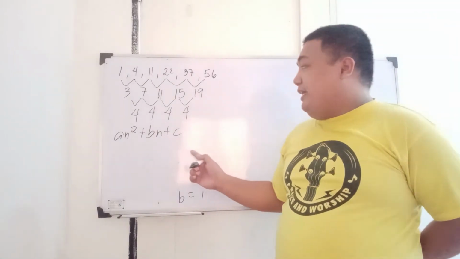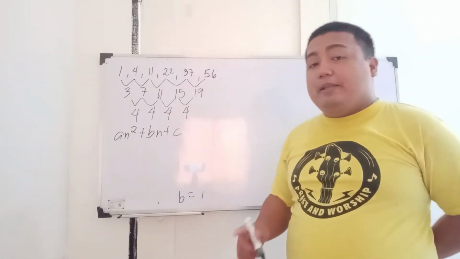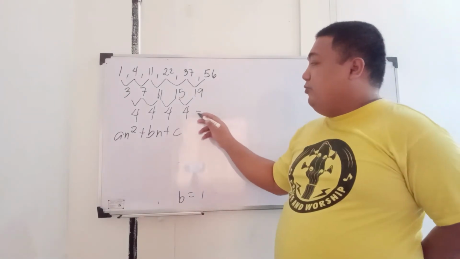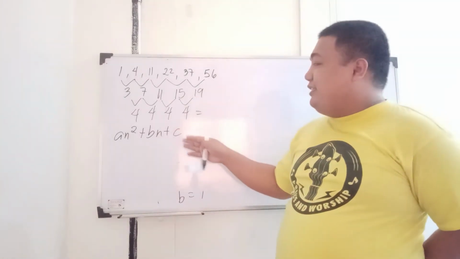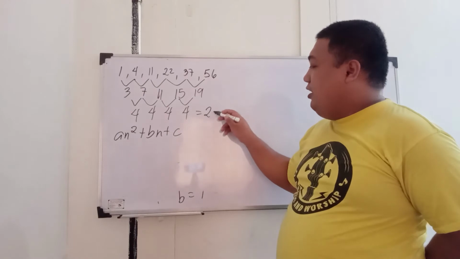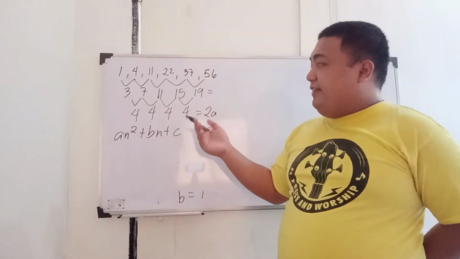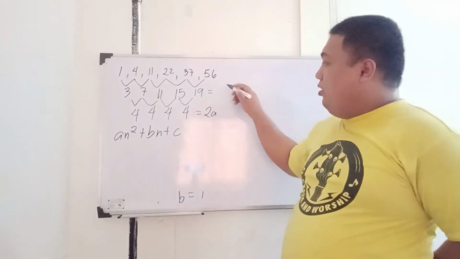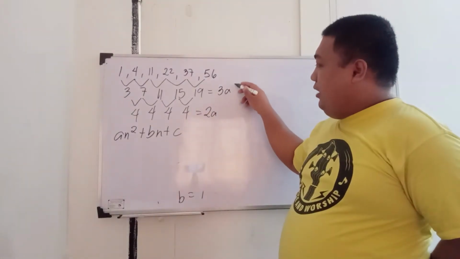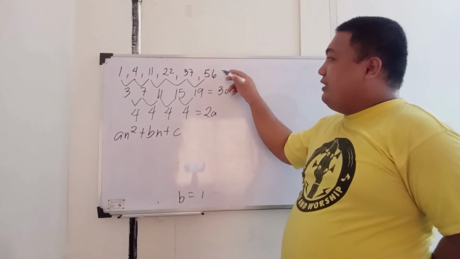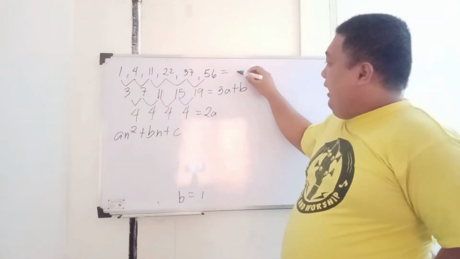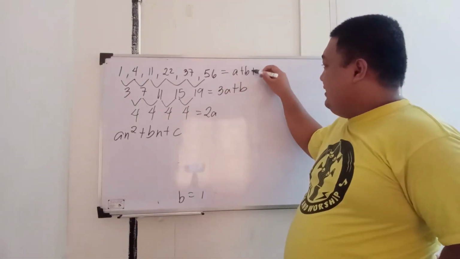Si a, b, and c, makukuha natin siya kapag gumamit ulit tayo ng formula. So, dito sa pinakababang row, which is our first row, we will use the formula 2a. Here, 3, 7, 11, 15, 19, or the second row, we will use 3a plus b. At yung sa taas, a plus b plus c.